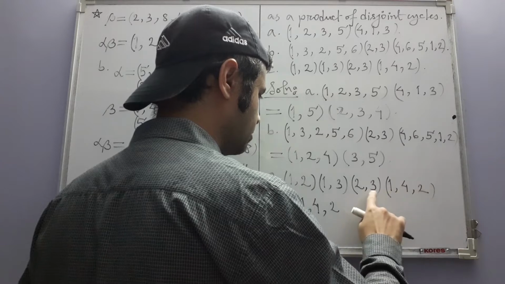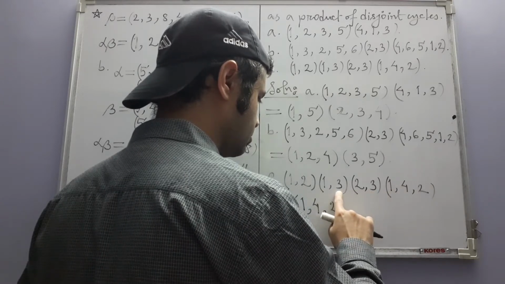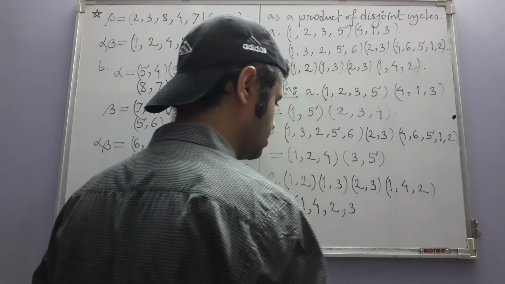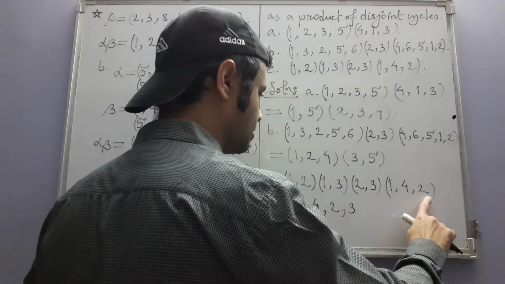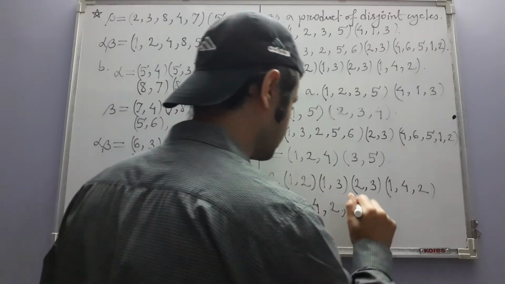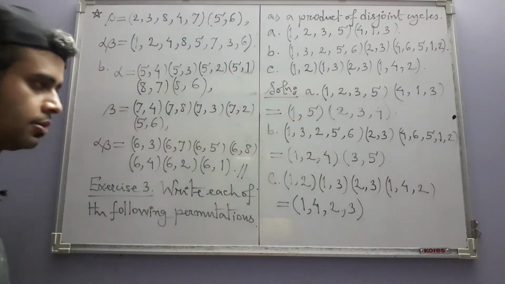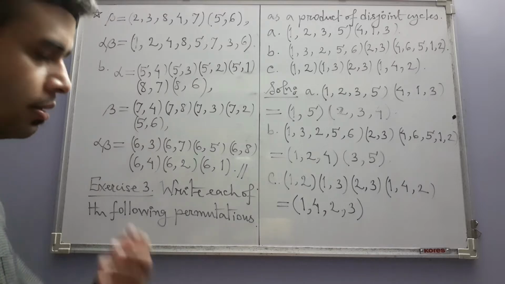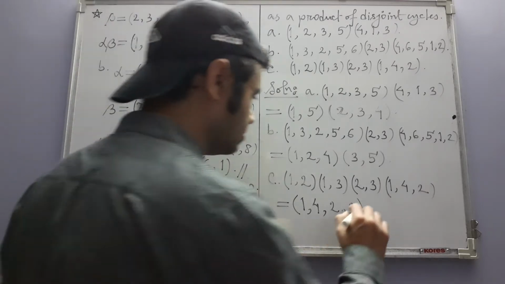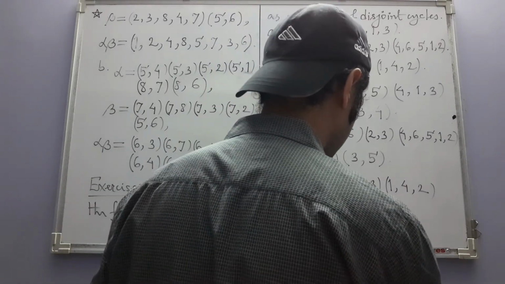Then 2 to 1, 1 to 3, and that's it, so 2 to 3. 3 doesn't appear here, 3 to 2, 2 to 1, so 3 goes back to 1. Yes, so this is a single cycle, a 4 cycle, 1, 4, 2, 3. That is the solution.